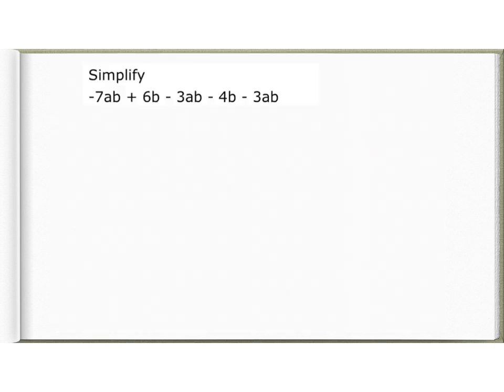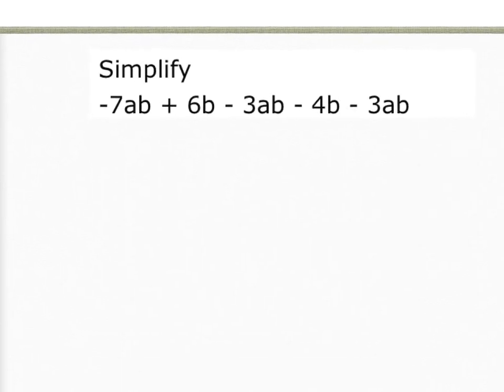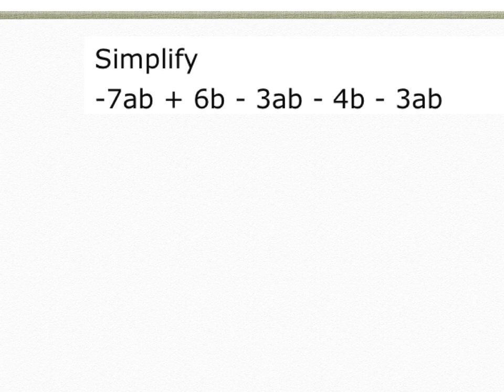All right, last example. First, we're going to start with our first term. So we have this negative 7ab. What can we combine with negative 7ab? Both negative 3. Perfect. We have a negative 3ab and a negative 3ab.